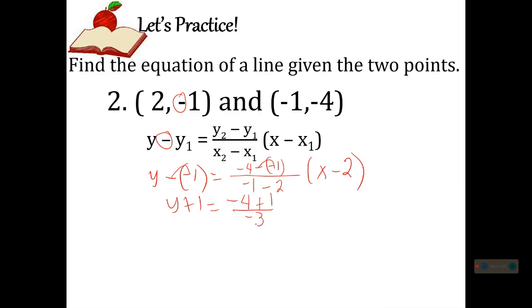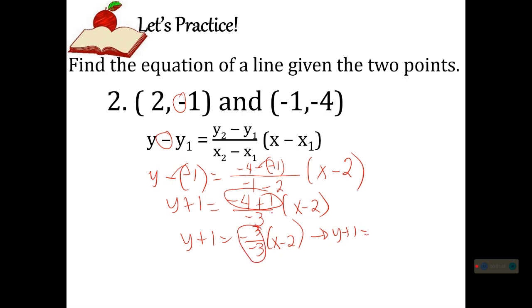We have here -3 times x minus 2. Then y plus 1 equals -4 plus 1 is -3 over -3 times x minus 2. So y plus 1 equals -3 divided by -3 is positive 1 times x minus 2.